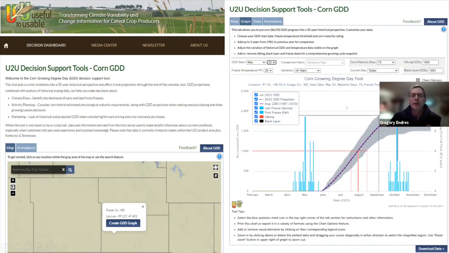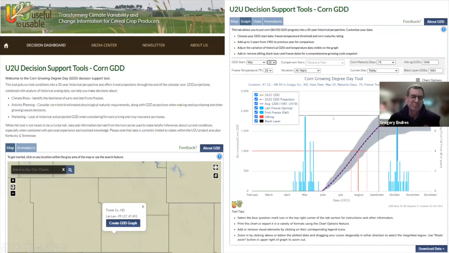Very simply, you would enter the planting date of the corn and then also the relative maturity. And then it'll graph for you the projected growth stages, in particular the silking stage, and then also most importantly, the black layer. And so why would this be useful?